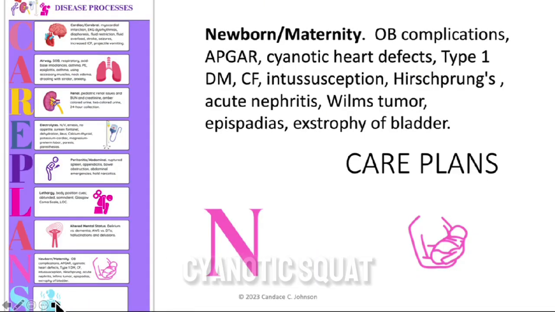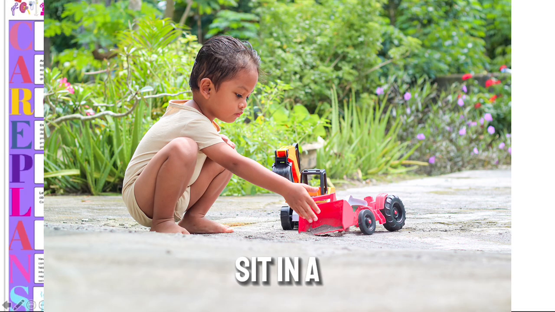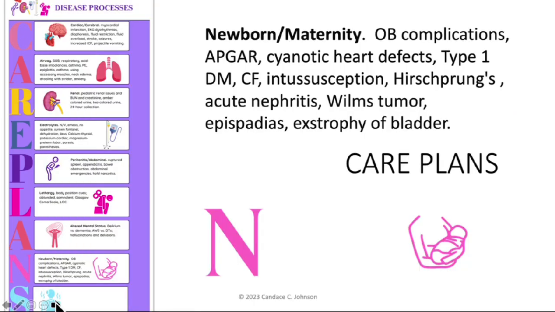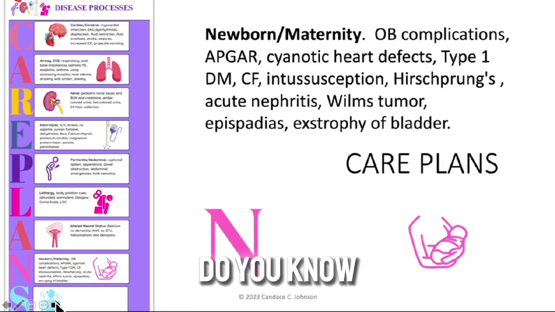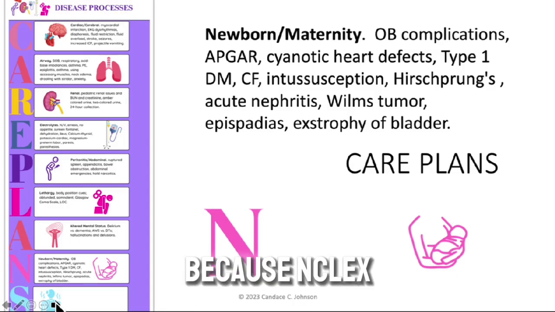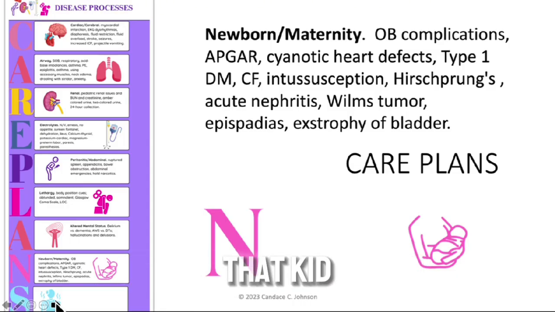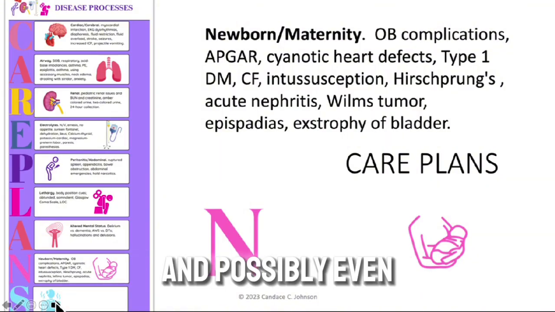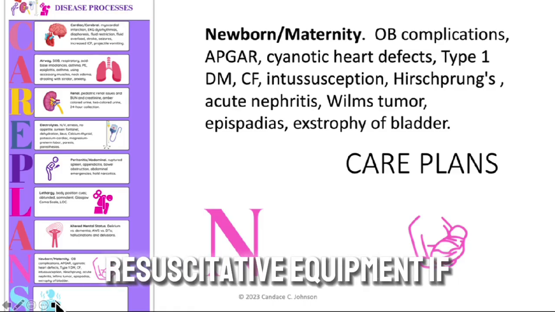They might do the little cyanotic squat where the kids sit in a conservative, almost fetal position, right? Do you know those defects? Do you know what they look like? Because NCLEX most certainly doesn't want you overlooking that kid when they come into the ED, because they usually need cardiorespiratory monitors and apnea monitors and possibly even resuscitative equipment if needed.